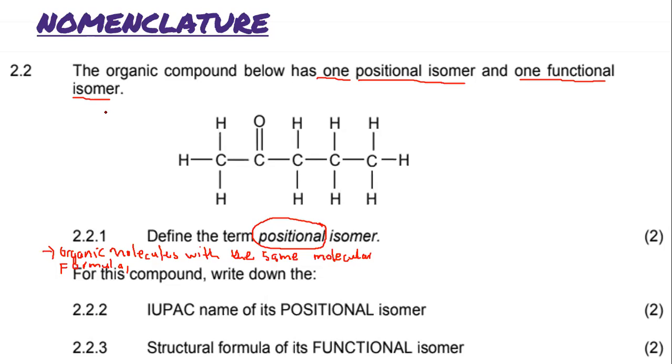And you know, for a positional isomer, my dear learners, it means the position of the functional group is going to change altogether. The position of the functional group is going to change. So please make sure that you know that, and it must be very clear altogether.